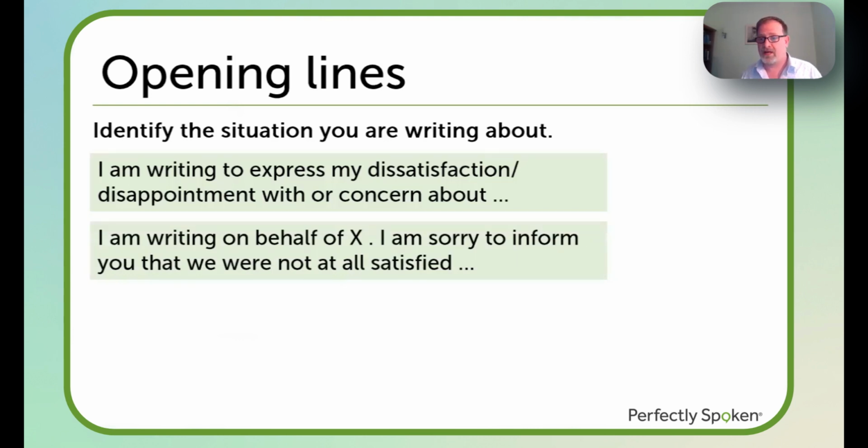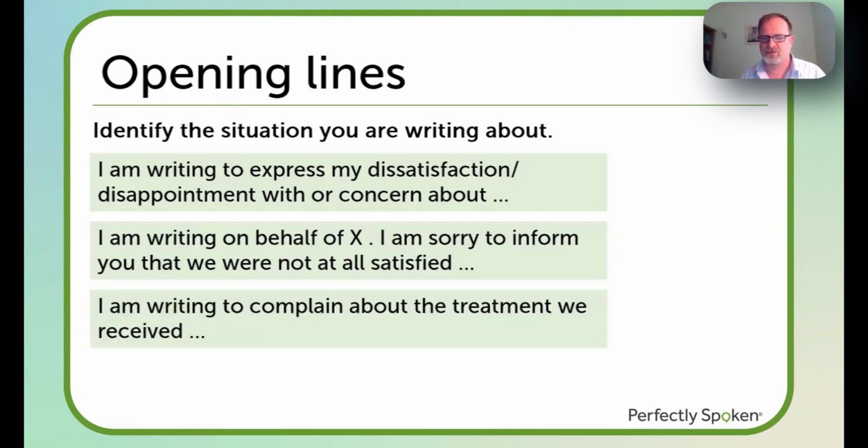I'm writing on behalf of. If you're a member of an organization or something, and you're writing for that organization, you're writing on behalf of them. Again, I'm sorry to inform you that we were not at all satisfied with X, Y, or Z. Another possibility, I'm writing to complain about the treatment we received, or the service, or whatever.